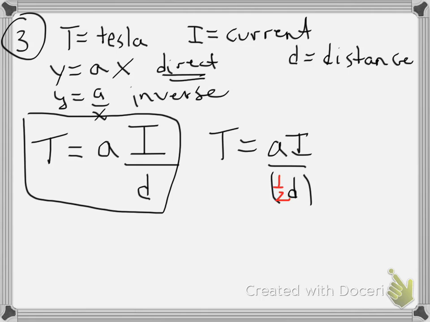Well, how do I solve that? It's basically the same stuff we had, with an extra half on the bottom. 1 over 1/2.